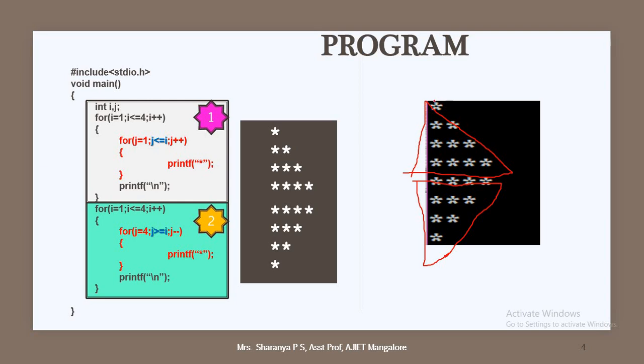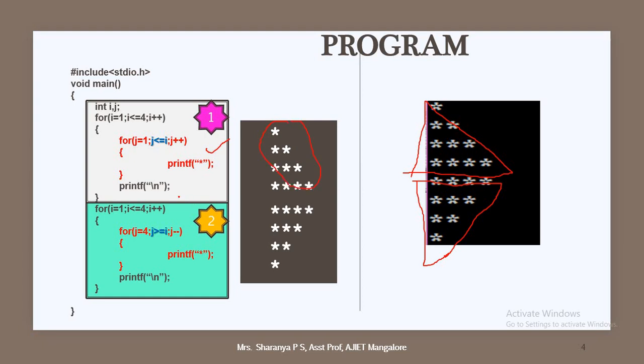It will begin with 1, and keep incrementing: 2, 3 like that. So it is less than or equal to I, and J will be incremented. And the pattern to be printed is a star. This is how we can write the code to print this part of the output.